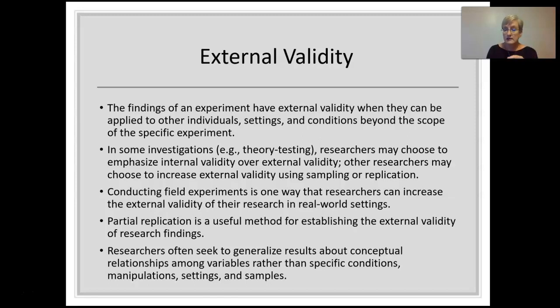And I keep using this word robust: when we can show that we get the same pattern of findings in multiple contexts, especially if the same findings can be produced by multiple researchers using slightly different methods and manipulations, that's a robust finding. If we don't, then we have to ask questions about the limitations of the finding that we're producing.